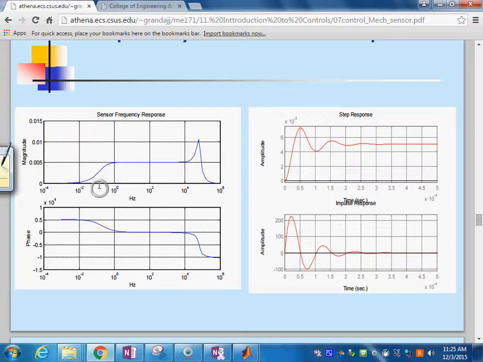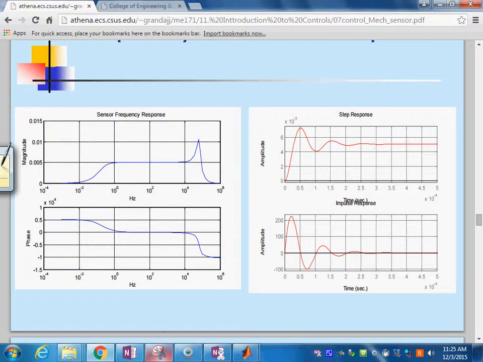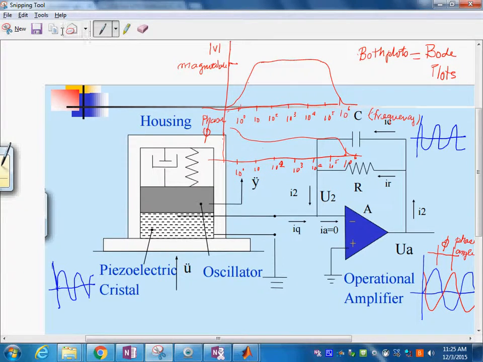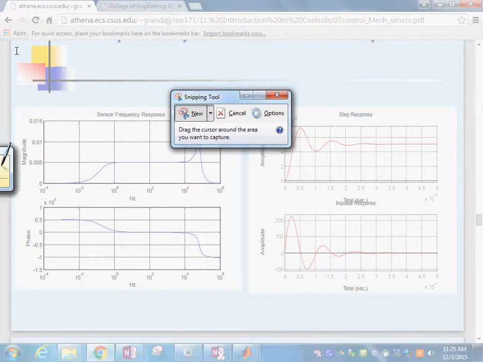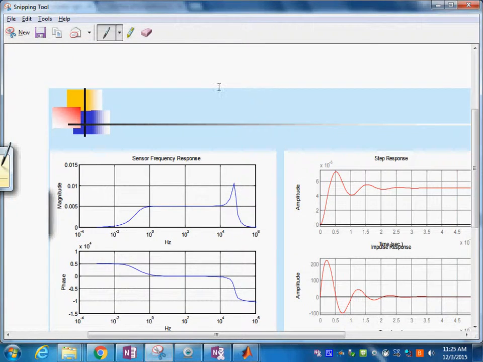So both of these make up the Bode plot. On this side, like I said, this is the magnitude plot.